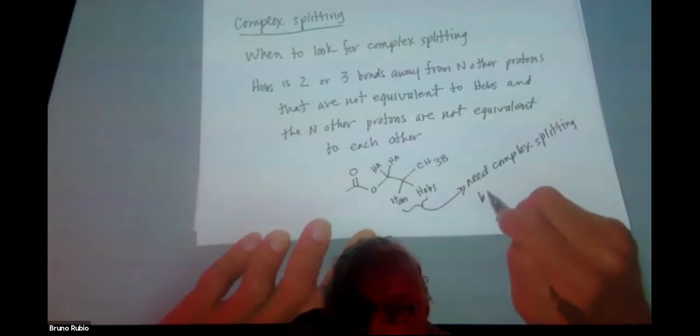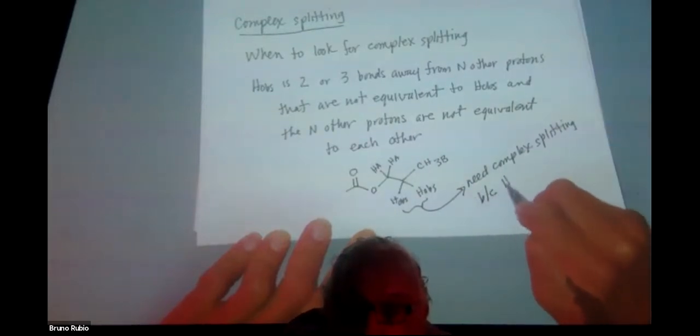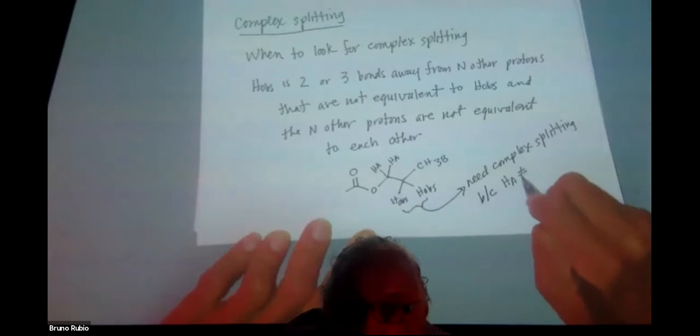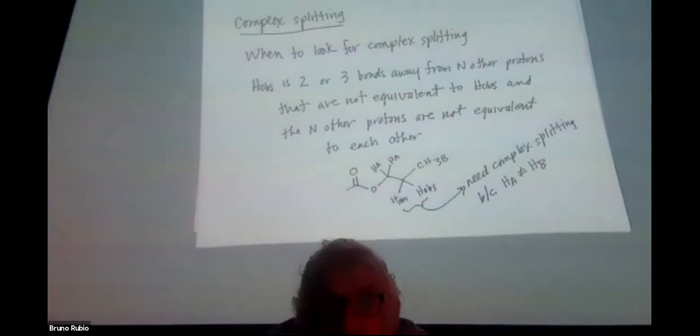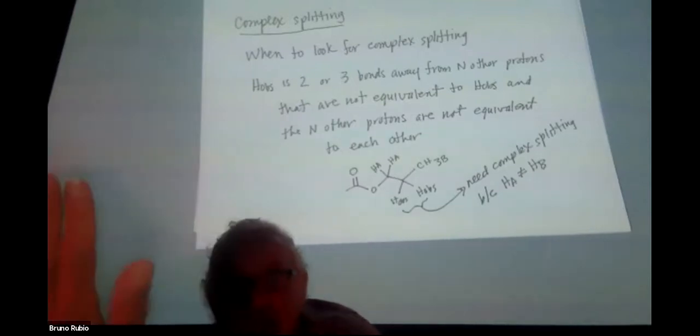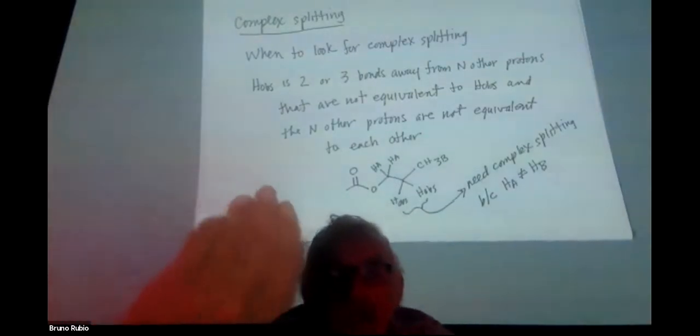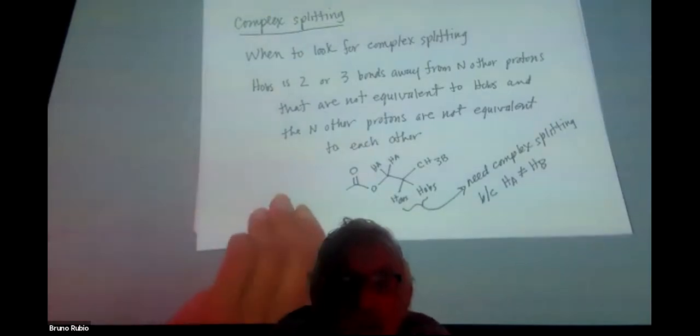Why? Because the HA are not equivalent to the HB, and the H observed is split by two sets of protons that aren't equivalent to each other. Okay, so that's the situation that you're looking for complex splitting.